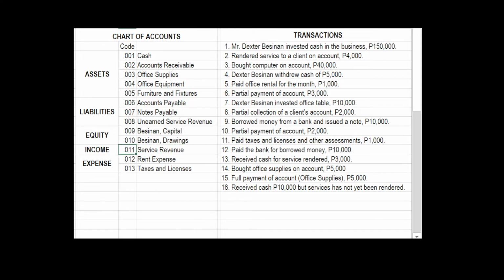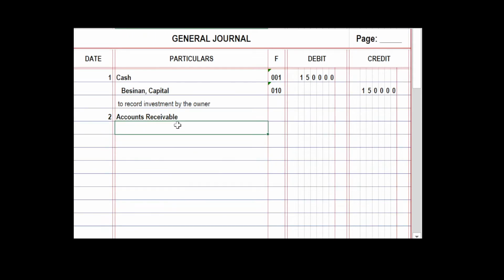So, yan yung account title na gagamitin natin. So, credit tayo ng service revenue. Okay? So, yung code natin is 011. So, yung amount that is 4,000.